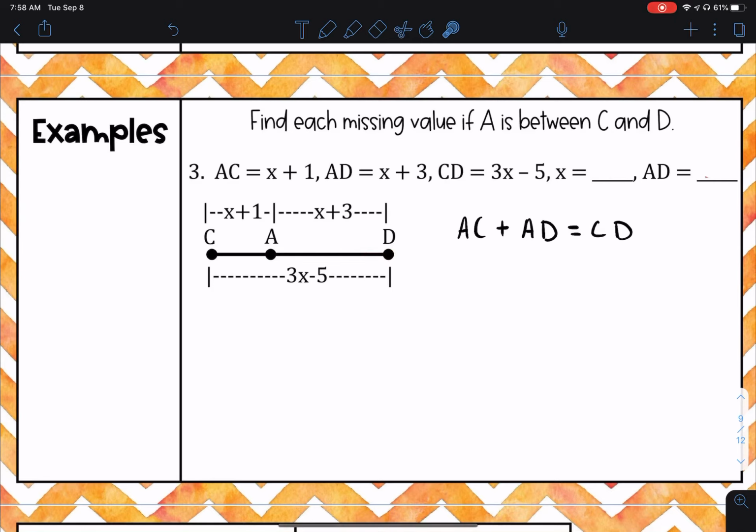So AC plus this distance here, AD, is equal to CD, the total distance. So I wrote that out. Now let's fill in what we know. AC is x plus 1 plus AD, well, AD is x plus 3. And it's going to equal CD, and CD is 3x minus 5.